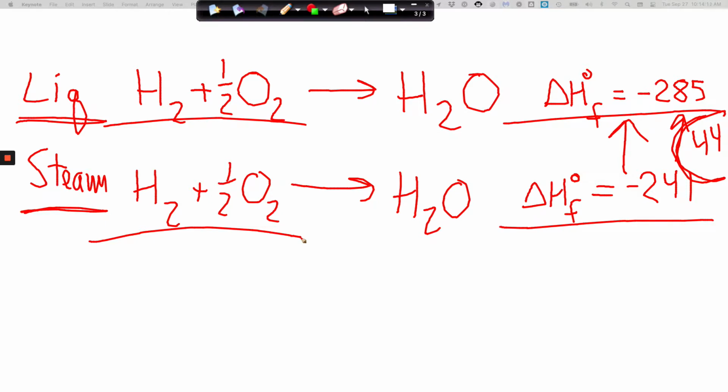So how is it that some of these delta H values can be positive? It's all about disorder, entropy. Diamond, by definition, is a substance that we know of that has very, very low disorder, very low entropy.